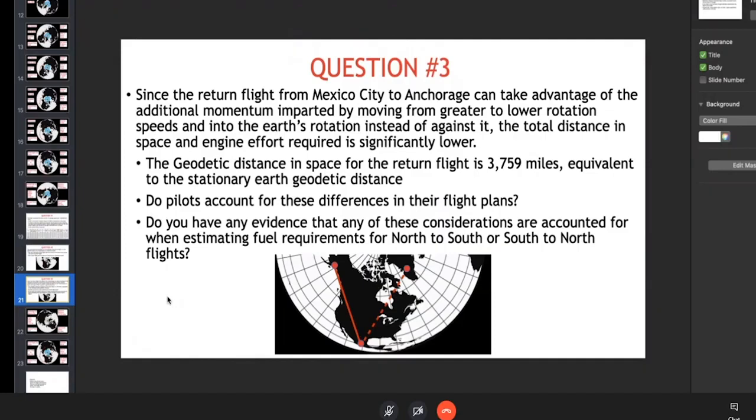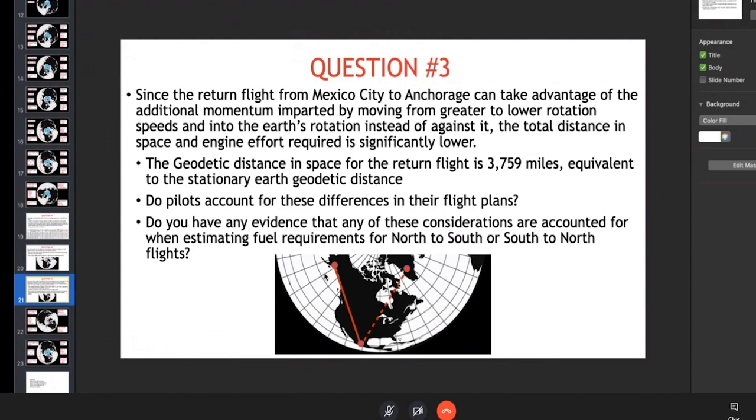Because the heading of the plane when they arrive at their destination, for one, is going to be different in each model. On a stationary plane, it's very simple. You fly towards your destination, your plane is heading that way, you adjust for the wind, etc. In this rotating Earth model, you're going to have momentum in one direction, and you're going to have to try to either decrease the momentum in that direction or increase the momentum in that direction, and that direction does not equal the direction that the plane is pointed.